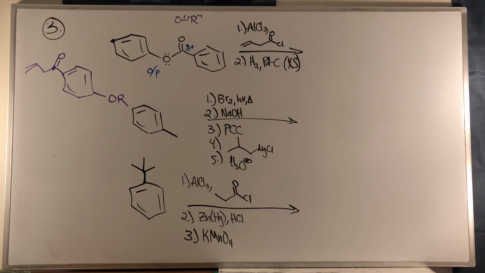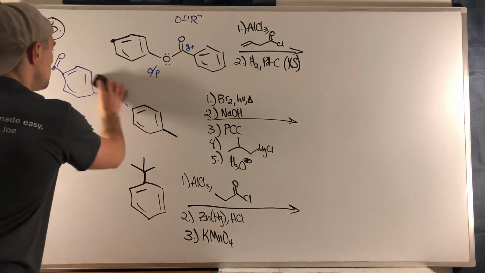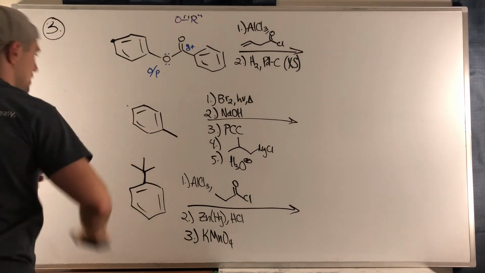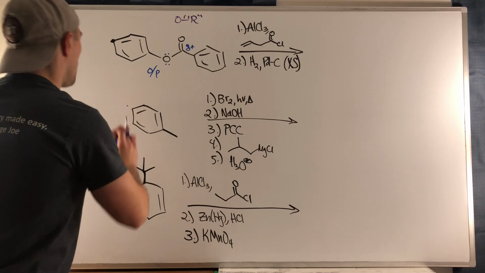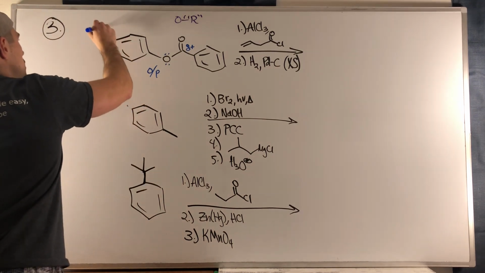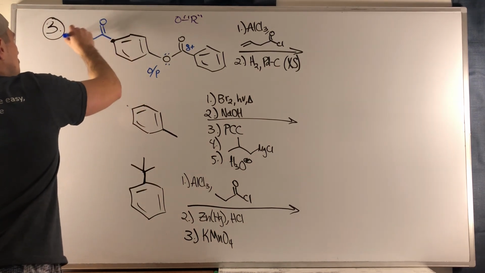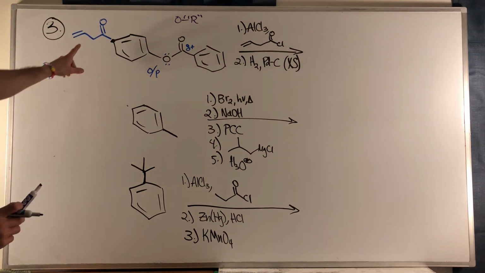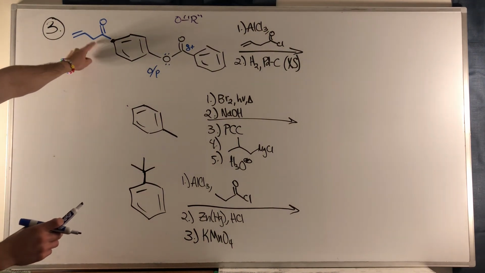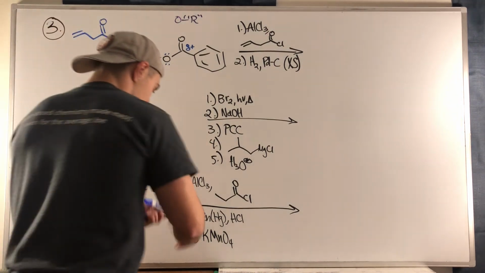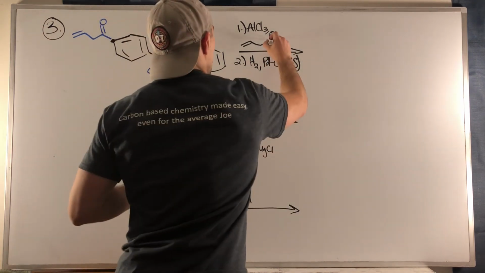So that is after step 1. Now, what's important, I'm going to draw this on here in a different color. You'll see why. Okay, so this is after step 1, right? 1, 2, 3, 4. We attached this carbon right here.